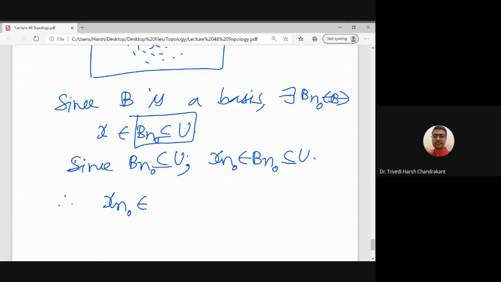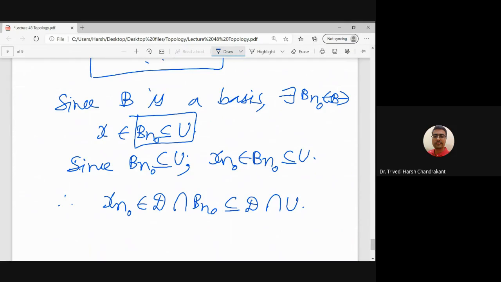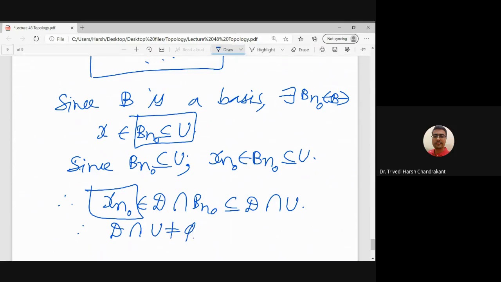Then xn naught is an element of D, and it is an element of Bn naught also, which is contained in U. So D intersection U contains the point xn naught, and therefore it is a non-empty set.